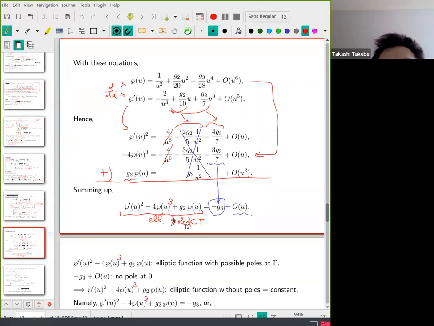But the left-hand side is holomorphic at 0, which means holomorphic at each lattice point, because this has period gamma, an elliptic function.